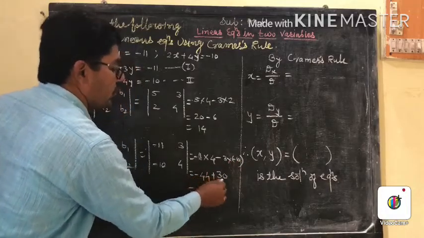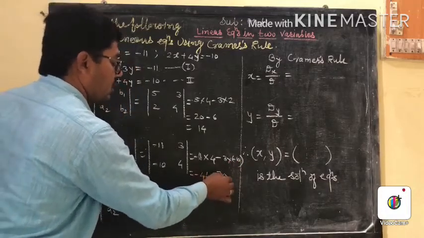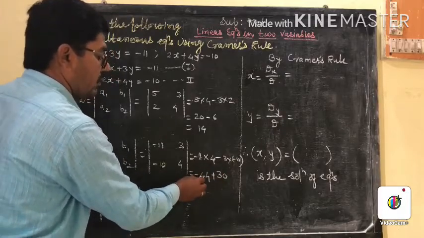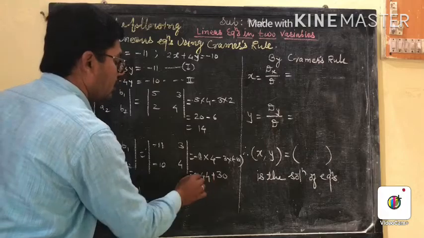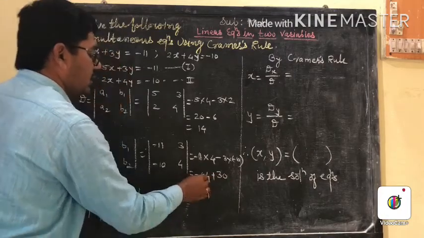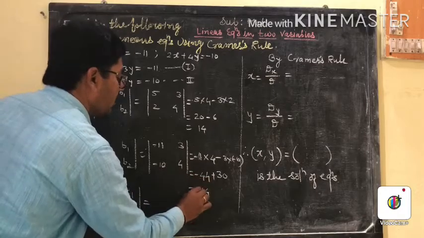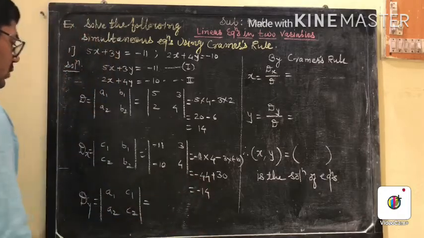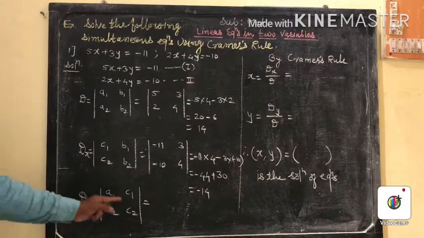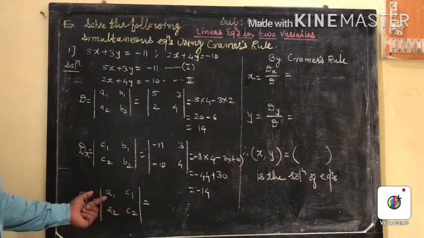Minus 44 plus 30, that is 44 minus 30. One of the numbers has sign minus, then subtraction 44 minus 30 is 14, and the sign of the greater number is minus, therefore minus 14 is the value of Dx.